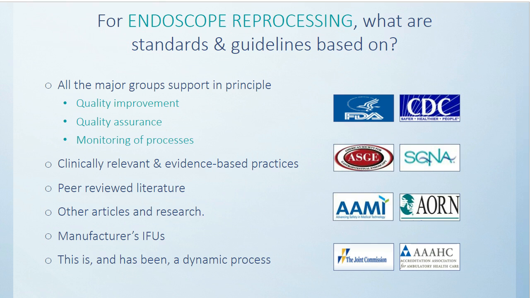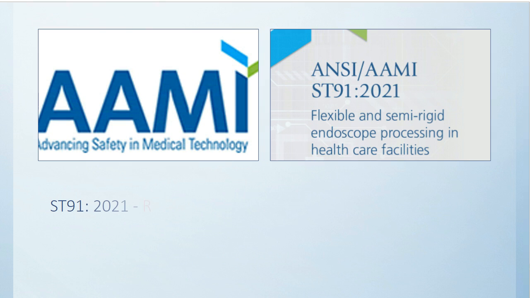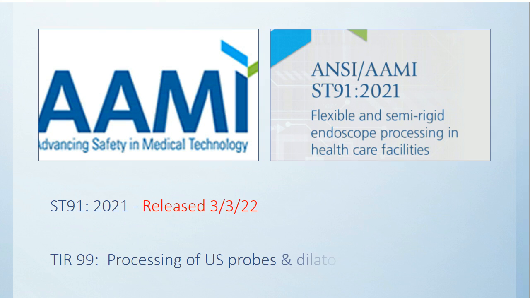All right, so let's go ahead and get started on ST91. So we did see in March, particularly March 3rd of this year, the new ST91 was released. And I just want to clear up any confusion around the dates as far as they're concerned. It does have a 2021 date on it for its issuance. And that's because we as a working group had worked on this for many years.